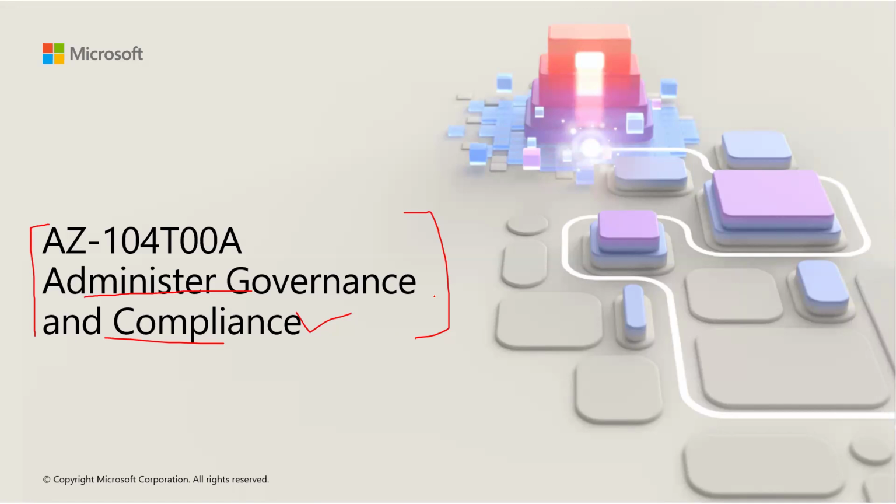So when it comes to your governance and compliance, the name itself says it: how are you going to determine the correct regions to locate your Azure resources? You have to identify the use cases for your Azure subscription and identify how to obtain a subscription. Those things we are going to talk about here.